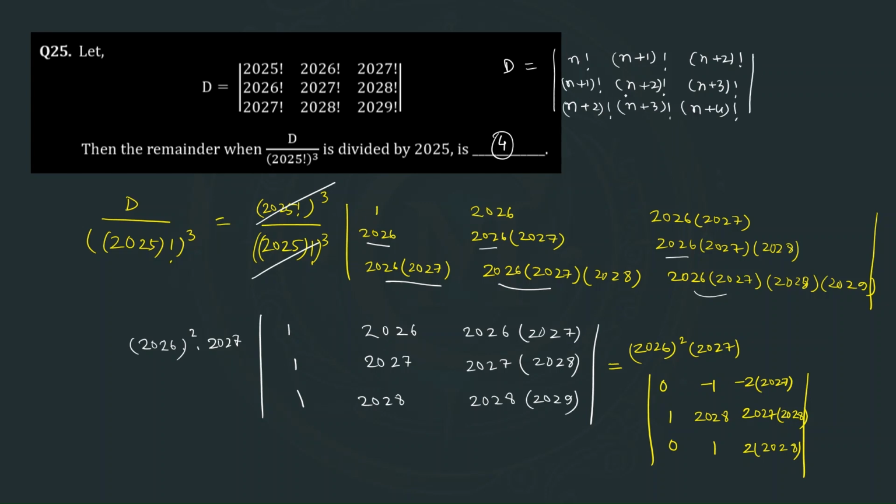If this determinant is D, then D by (n factorial) whole cube minus 4 is always divisible by n. This thing you can observe here. I hope you understood this question.